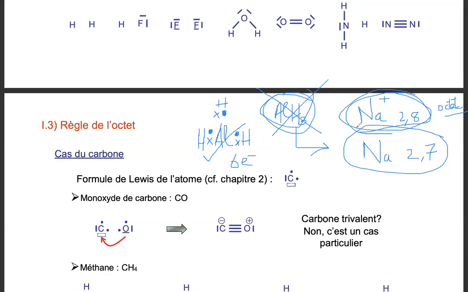In other words, when it forms the octet, the aluminium hydride is unstable. But when it forms the one that has 6 electrons, it is very stable. Am I making sense?